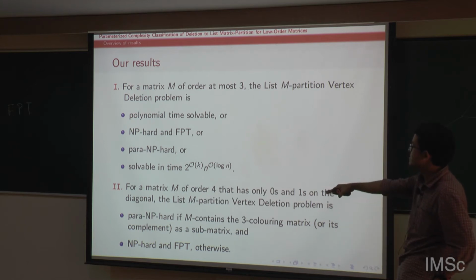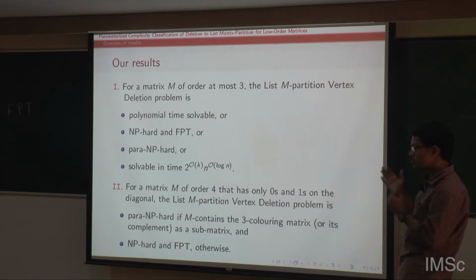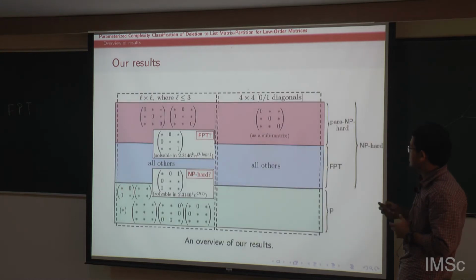So this will be para-NP-hard if it contains the 3 coloring matrix or its complement. So what is the complement of a matrix? We replace all zeros with ones and all ones with zeros. As you know, the 3 coloring problem itself is NP-hard. So any partition that encompasses a 3 coloring is going to be NP-hard even for k equals 0. So these are our results, and this is that put in a table form.